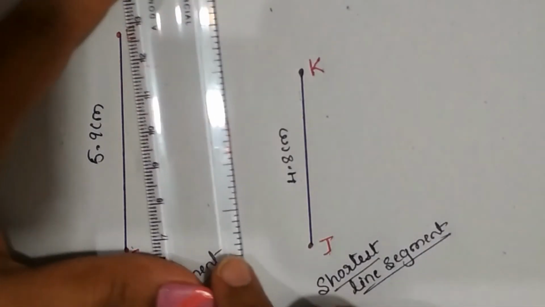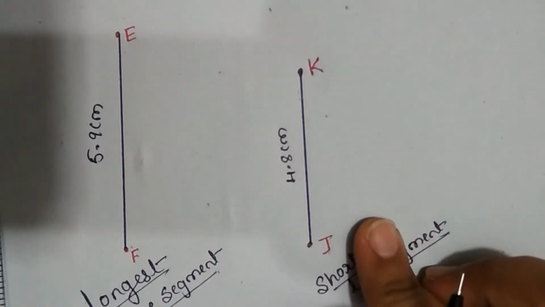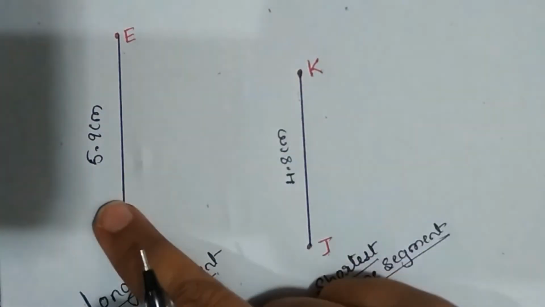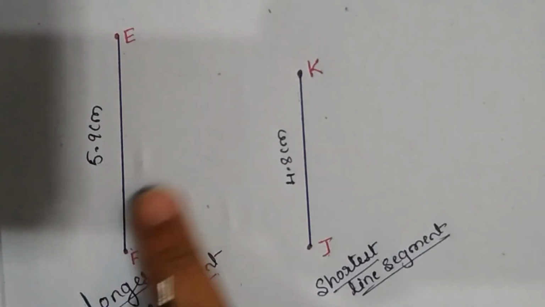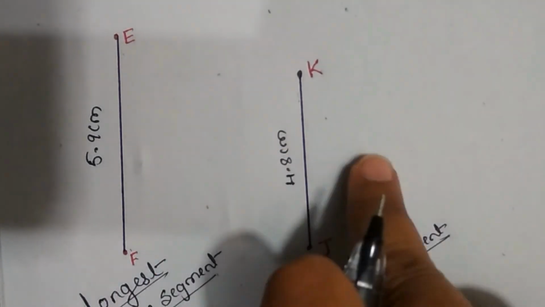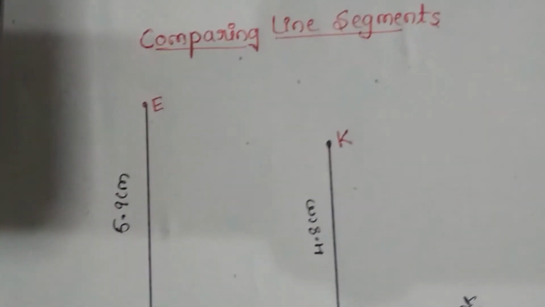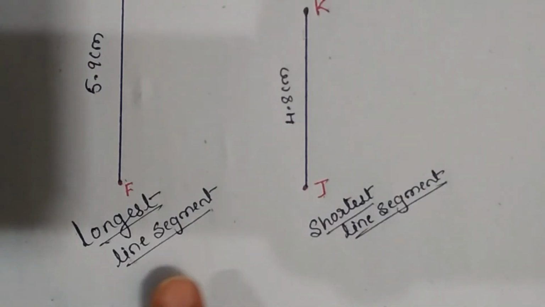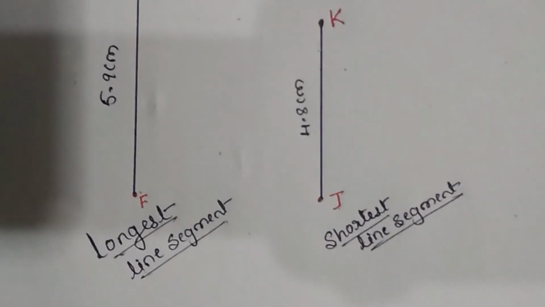If I take many examples like this, we have to measure and write those measurements, and after knowing those measurements we can compare and tell which one is the longest line segment and which one is the shortest.